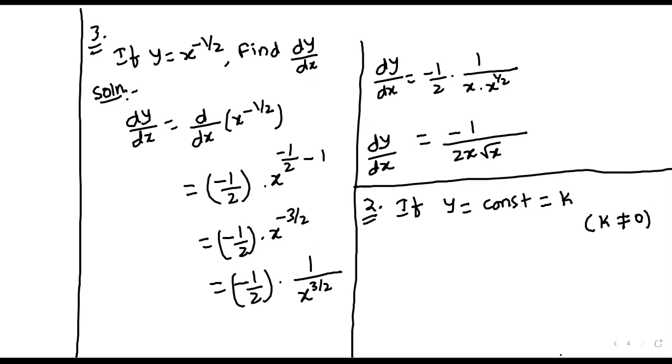If it is 0, what will happen? I'll tell. You can consider any constant, either a positive number or a negative value, anything. Then we need to find dy by dx.